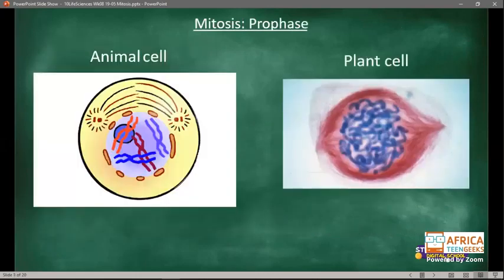So this is what we are talking about. This is an animal cell, and these are your centrioles. So they are moving towards the poles. These are the poles. Or if you prefer this image the other way around, then your poles would be up here, and at the bottom there is your south pole.